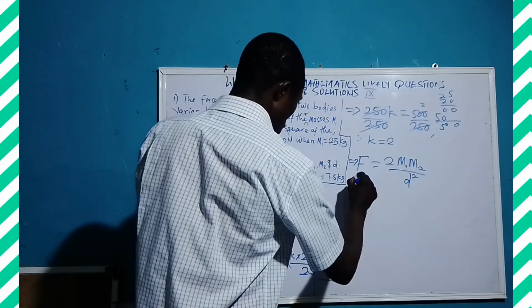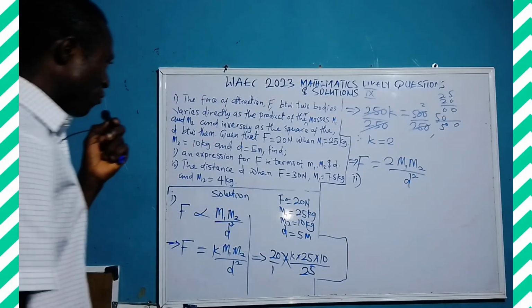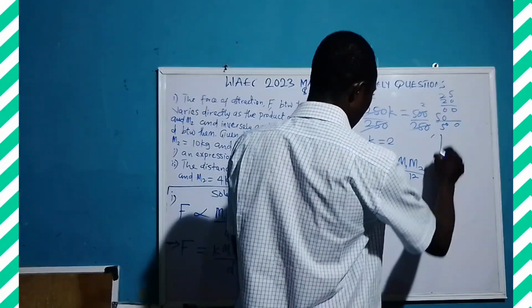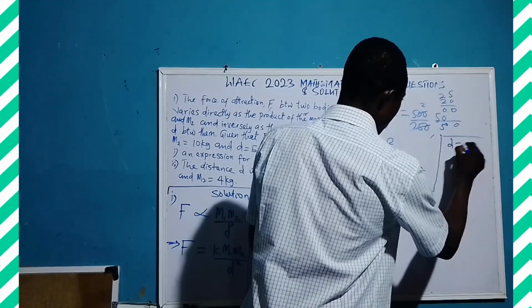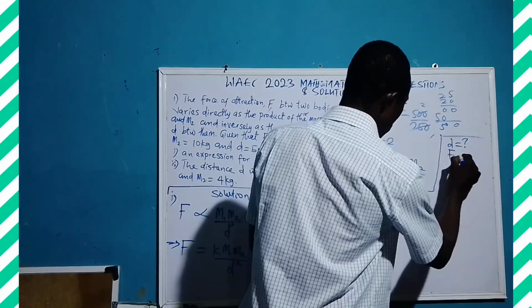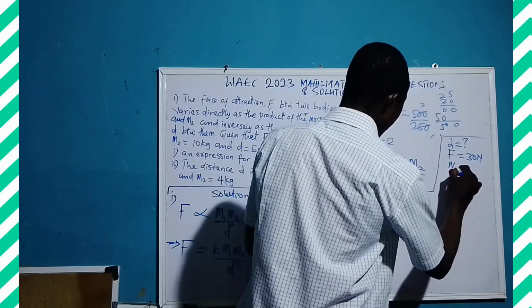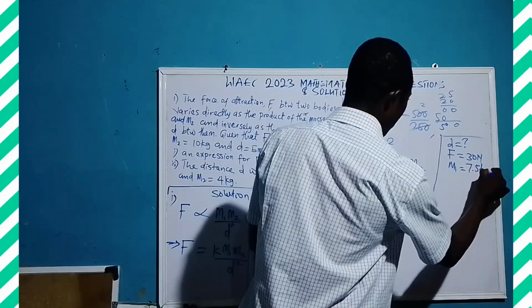Let's look at the solution to Roman figure 2. The distance D when F is equal to 30 Newton. So we are asked to find D when F is equal to 30 Newton, and M1 is equal to 7.5 kilogram.